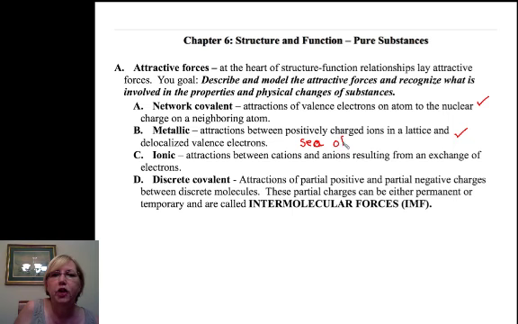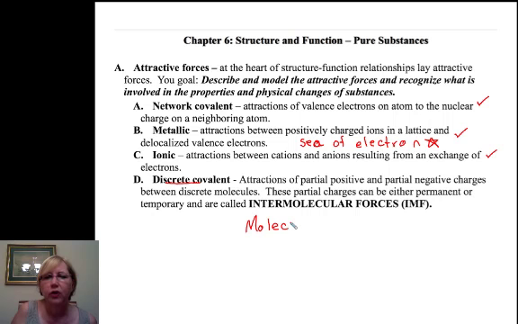That sea of electrons model is going to have a lot of explanatory power for us. So we want to make sure that you can explain it, draw it, understand it, and apply it. We're going to look at ionic, and then we're going to look at what I call discrete covalent. Often they're called molecular. The terminology of this is a little bit confusing.